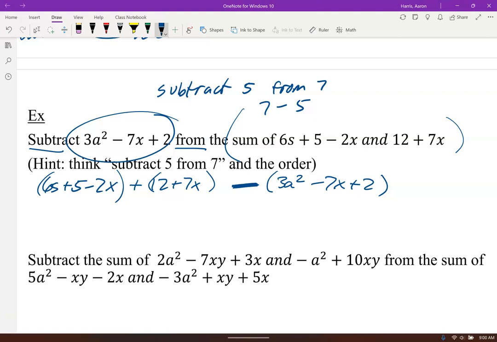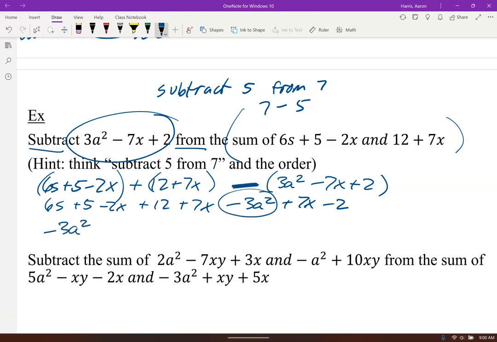So now let's go ahead and work through this. We got 6s plus 5 minus 2x plus 12 plus 7x. I'm going to distribute that minus 3a squared plus 7x minus 2. And I say, well, is there any other a squared? So that looks like that's a loner, minus 3a squared.